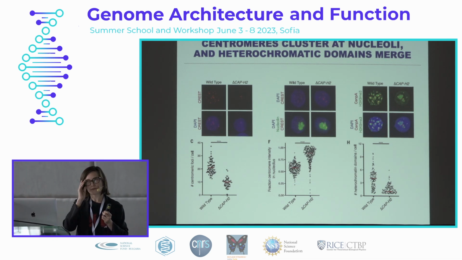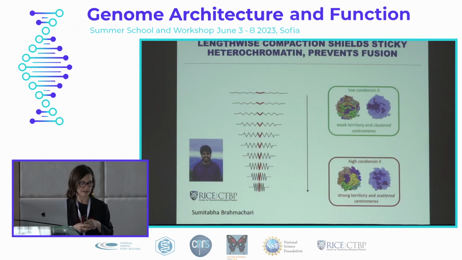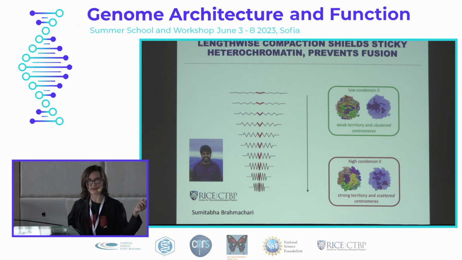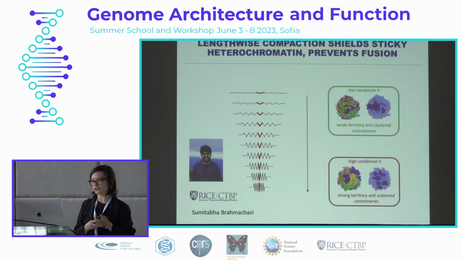And that has served as a guidance for the model that our colleagues at the Center for Theoretical Biological Physics have developed to try to describe how exactly the lengthwise compaction can lead to, who knew, the rabble architecture disruption.